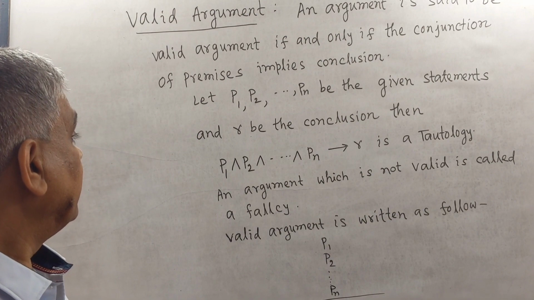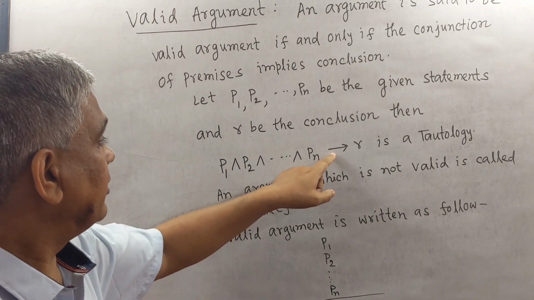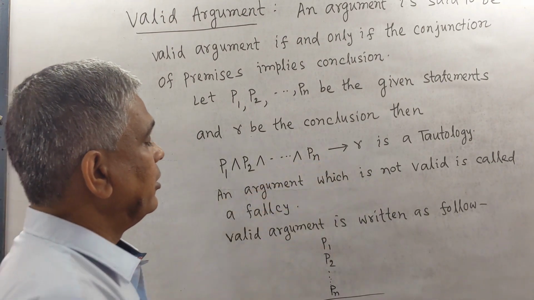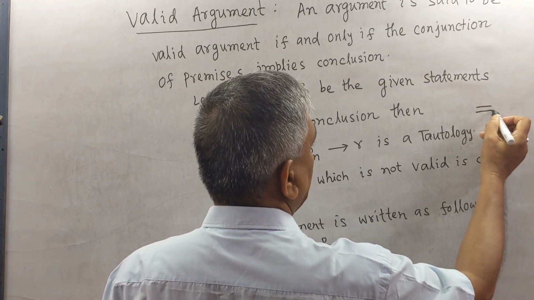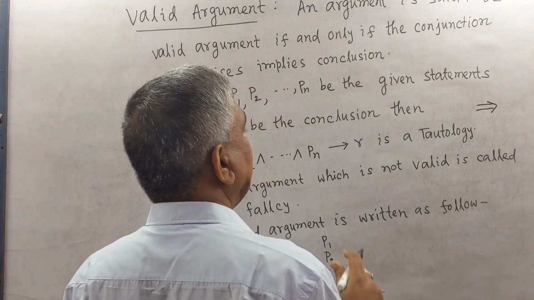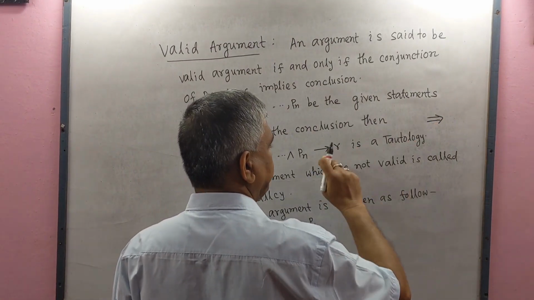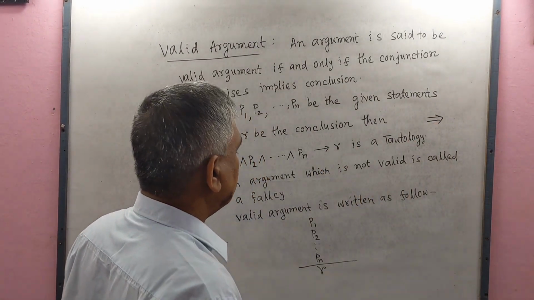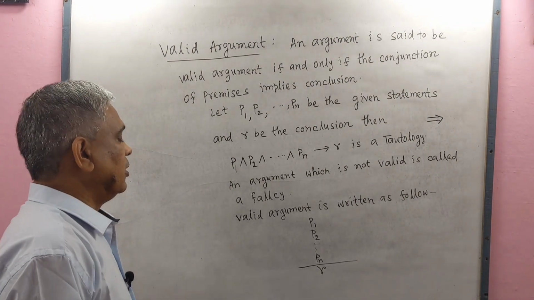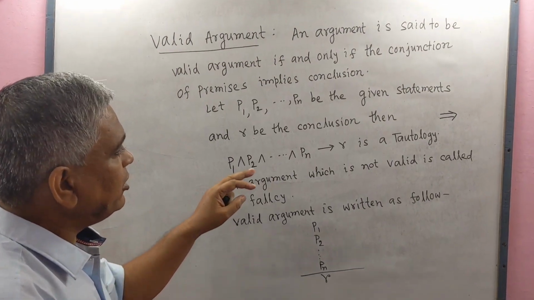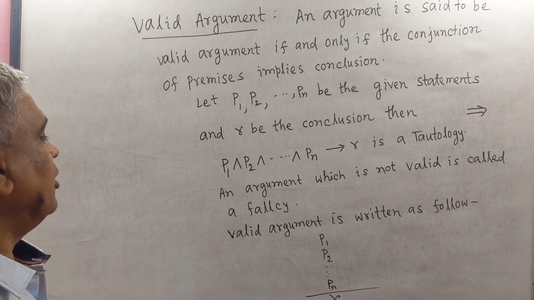Here we have used this arrow. In previous lectures we have used an arrow like this. The meaning of these two is the same, so we should not be confused. An argument which is not valid is called a fallacy.